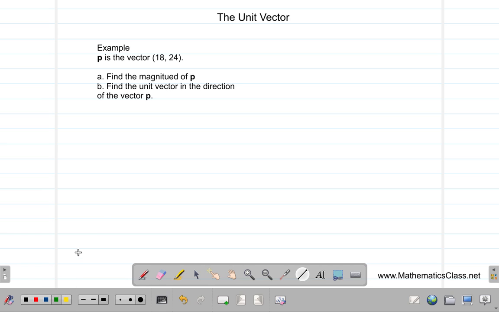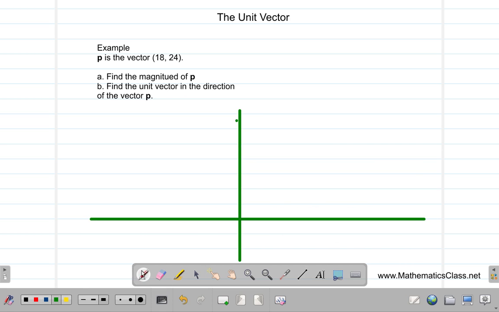Here, this is a vector. If you have an x-axis and the y-axis, we're looking at this situation of 0, 1, 2, 3, up to 18. Then we go up to 24.